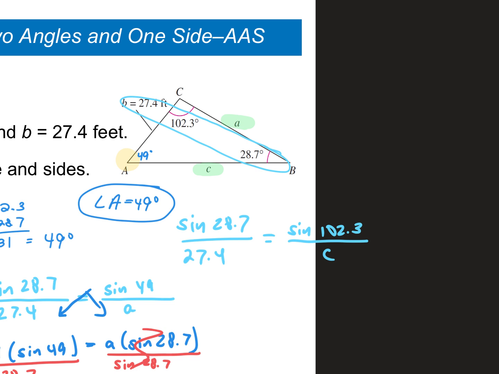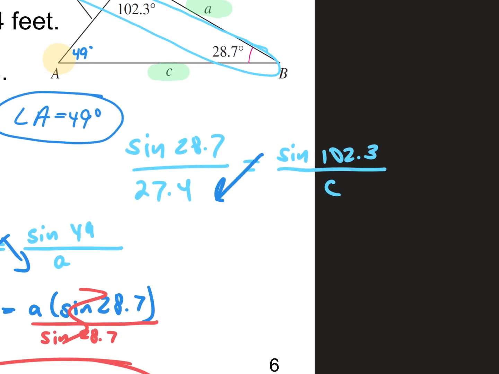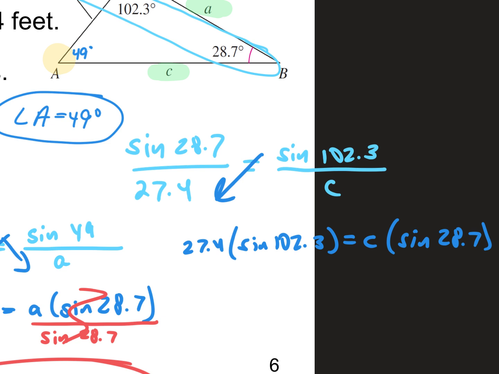And then how do we solve this? How do you solve a proportion? Cross multiply. 27.4 times the sine of 102.3 equals c times the sine of 28.7. And then the last thing I need to do, divide both sides by the sine of 28.7.